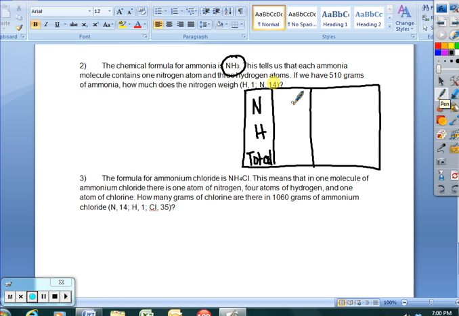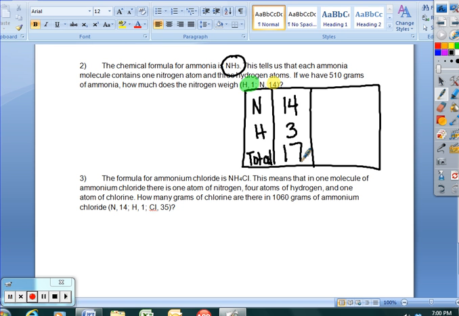So our weight in grams for nitrogen is going to be 14. In the chemical formula, there are 3 hydrogen atoms. Each hydrogen weighs 1 gram. So our weight in grams for hydrogen in NH3 is going to be 3, which brings our total to 17, because 14 plus 3 is equal to 17.